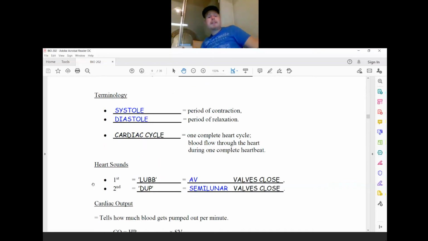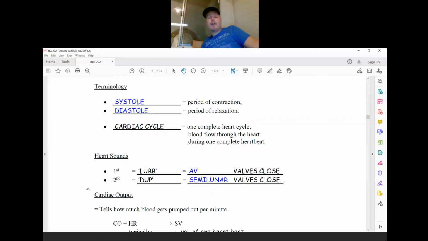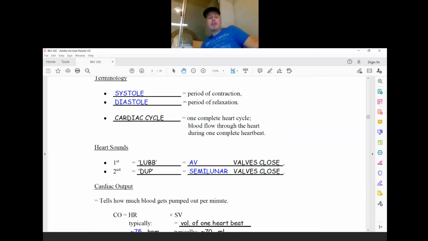We can also listen to the heart, in addition to how valves work and so on. We're listening for two sounds, a lup followed by a dup. The sounds you'll hear in a healthy heart are often described as lup dup, lup dup. The first sound that you hear comes from when our AV valves close.